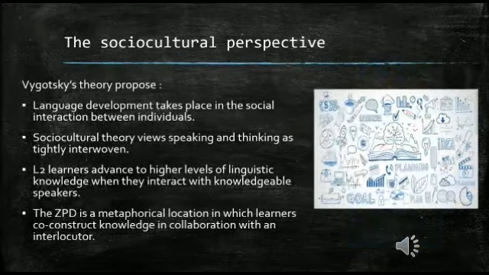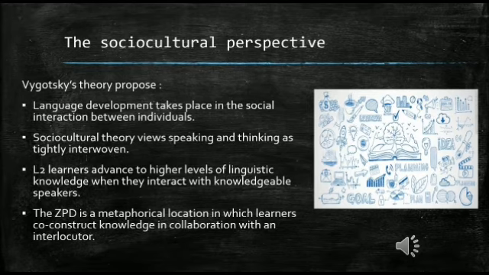The sociocultural perspective. Vygotsky's theory proposed that language development takes place in social interaction between individuals. So it means that learning occurs when an individual interacts with an interlocutor within his or her own zone of proximal development. The ZPD is the difference between what a learner can do without help and what he or she can do with help.